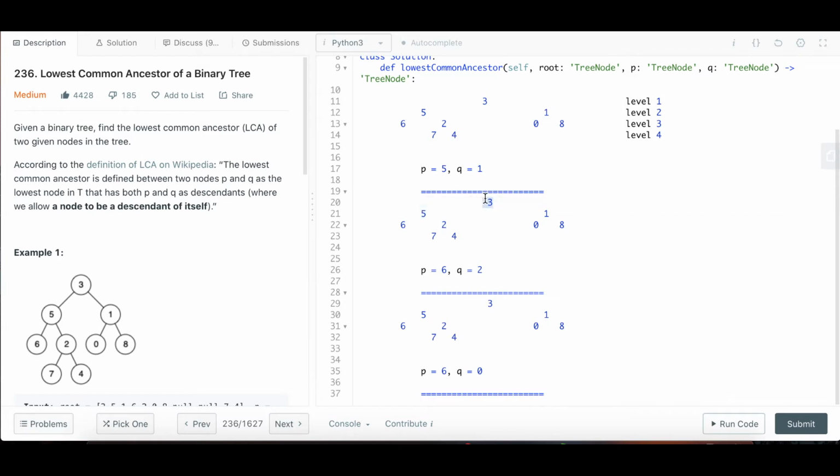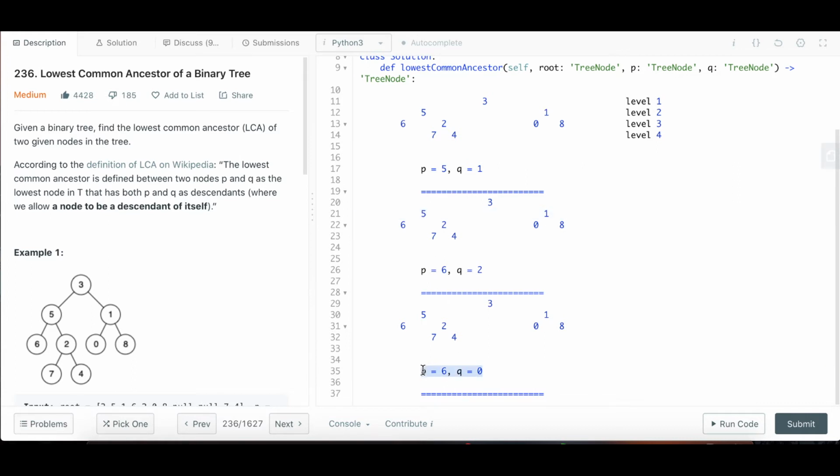Note that 3 is also a common ancestor, but it's not the lowest one based on these level things that I mentioned earlier. So this is level 1, this is level 2. So you want to find the lowest one, the highest level number in this case. So that's why, because 5 is level 2, you return this one as the lowest common ancestor.